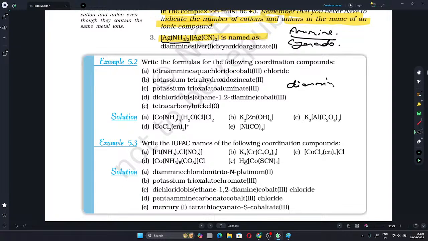Diammine chlorido nitrito, it's not nitrosyl but nitrito, platinum(II), it is not 4 but 2. It is the first compound name.